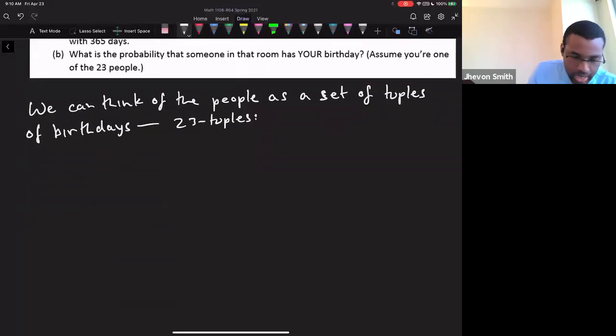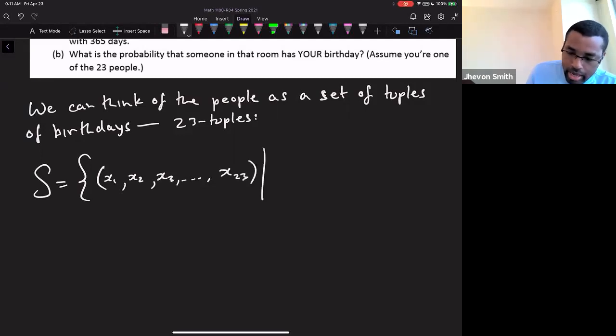So we can say our sample space is just a set of all tuples, say x1, x2, x3, going all the way down to x23, such that the xi are birthdays.